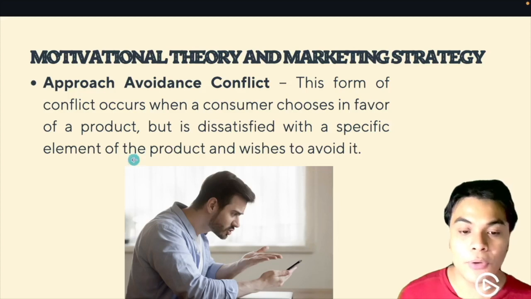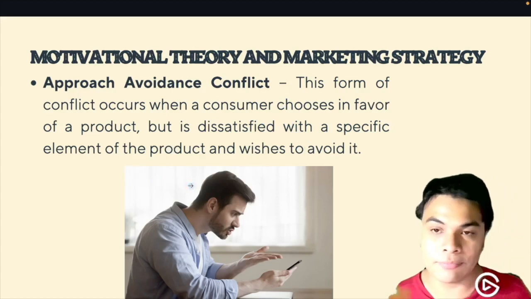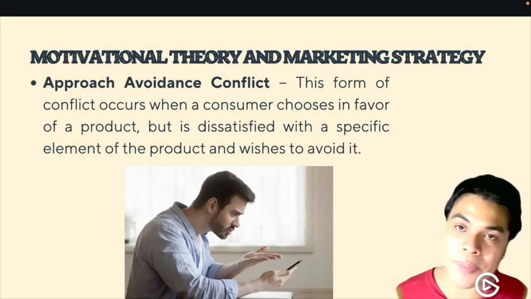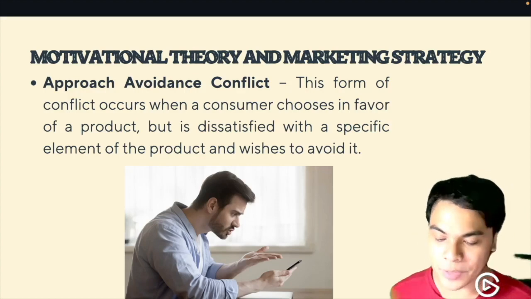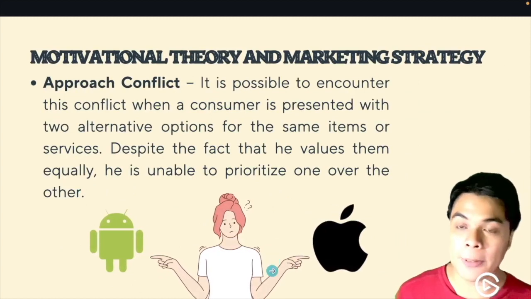This form of conflict occurs when a consumer chooses in favor of a product but is dissatisfied with a specific element of the product and wishes to avoid it. Okay, I think you have experienced na pinag-isipan mo talaga yung two alternatives. For example, balik tayo dito sa Android versus Apple.